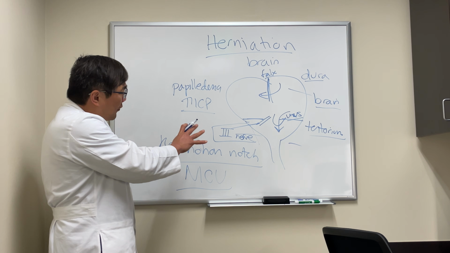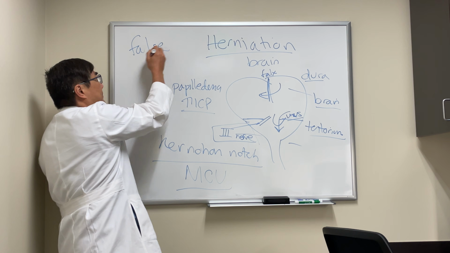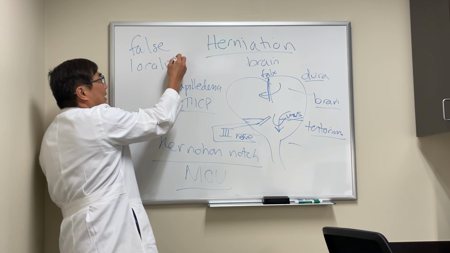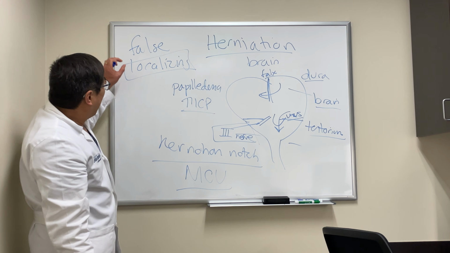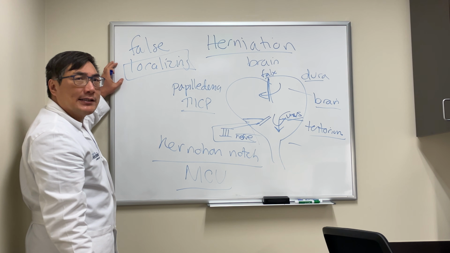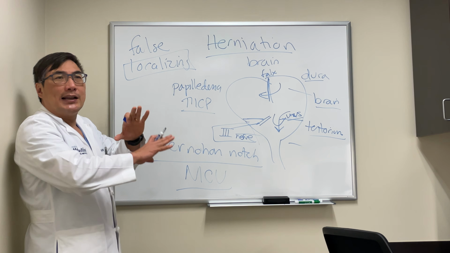So when we're looking for uncal herniation, this is what we call a false localizing sign. So a localizing sign tells us where the problem is. It's localizing. A true localizing sign tells us exactly where the problem is. A non-localizing sign doesn't tell us where the lesion is.